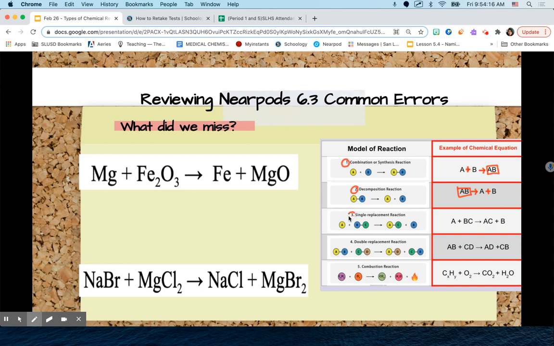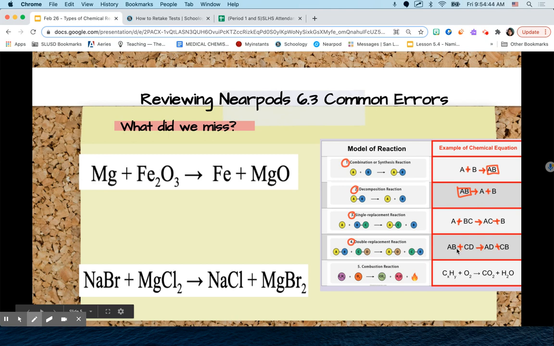If I'm looking for a single replacement or double replacement reaction, for both of these, I see two plus signs, one before the arrow, one after the arrow. So notice that for single replacement and double replacement, they have a plus sign before and after the arrow.